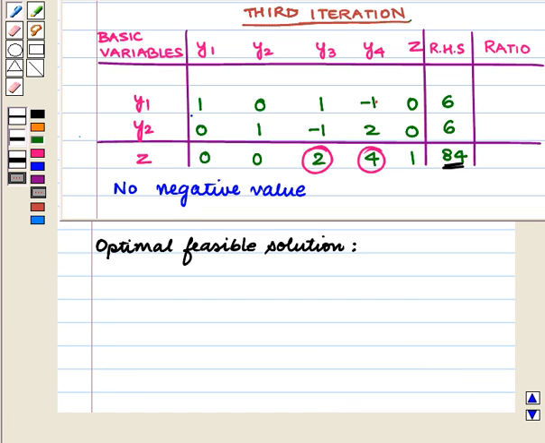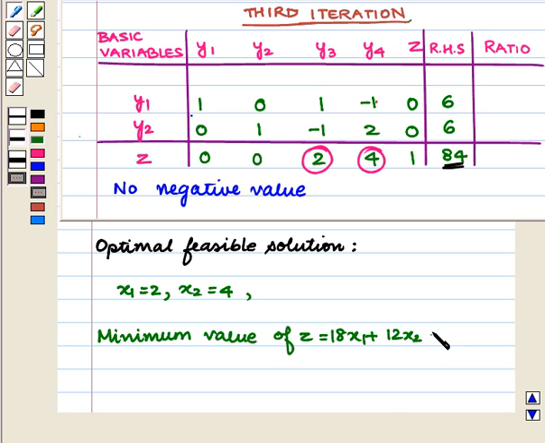So the optimal feasible solution is given by x1 is equal to 2, x2 is equal to 4 and the minimum value of z is equal to 18x1 plus 12x2 equal to 84.